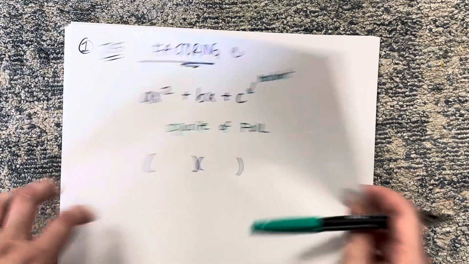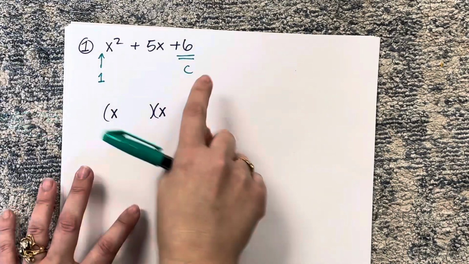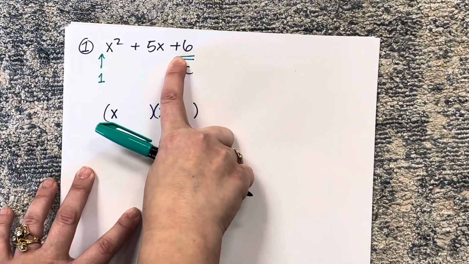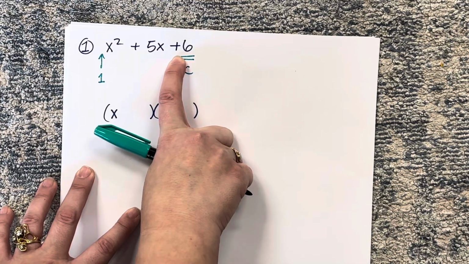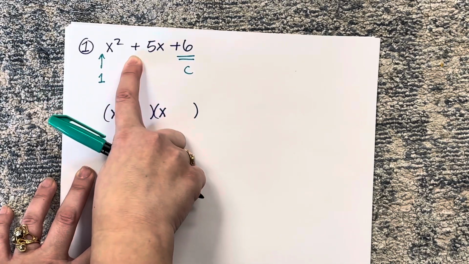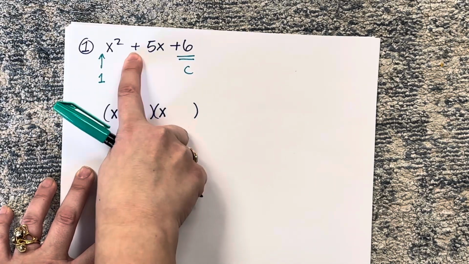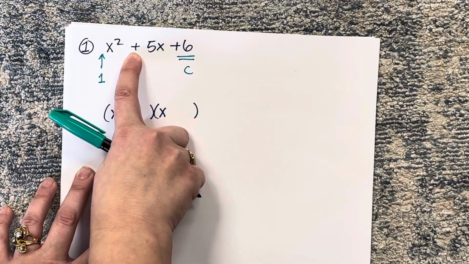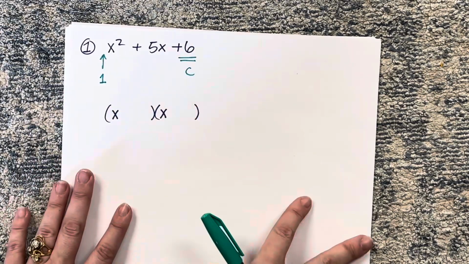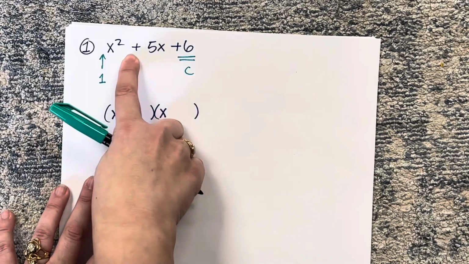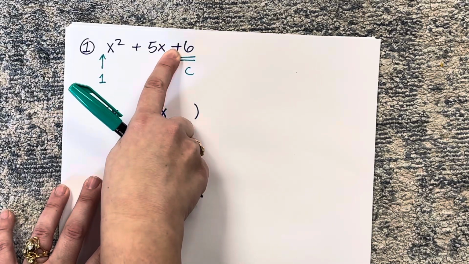So I'm looking at my constant here, and my constant is a positive 6. And the term in the middle is a positive 5. They're both positives, which is great. Again, this is the easiest possible way that you could get to factor. A plus here and a plus here, double positive.